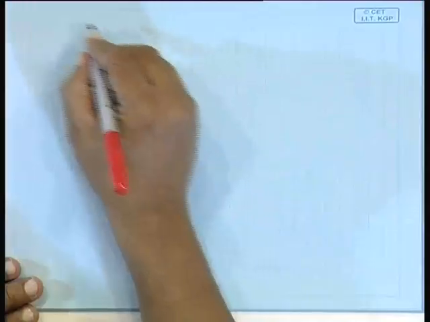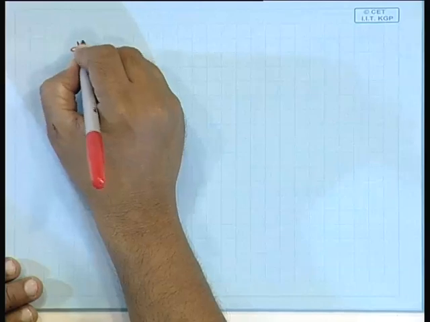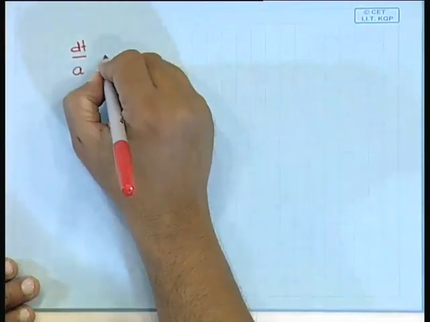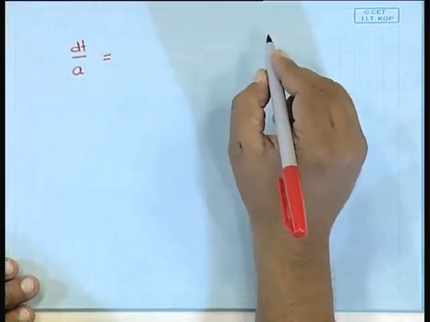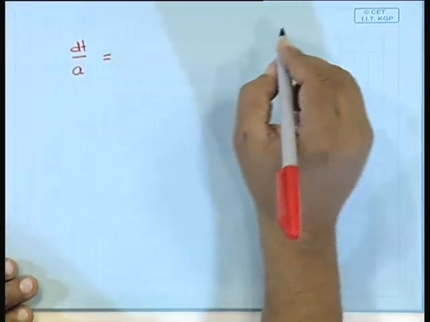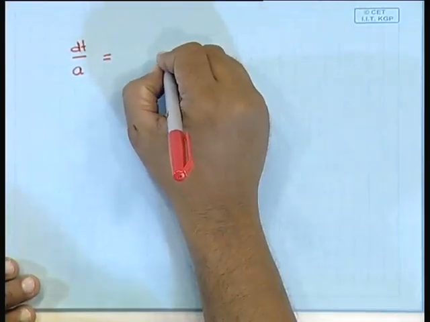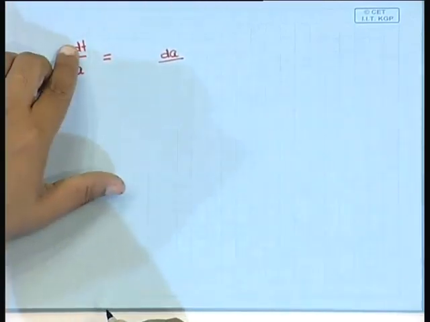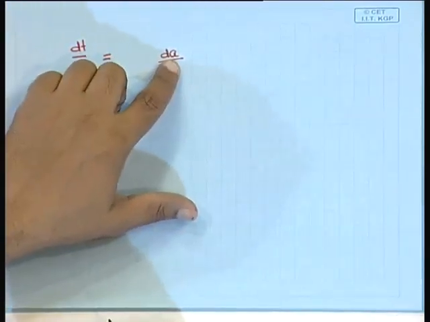So, what we do is we write this dt by A in terms of dA.